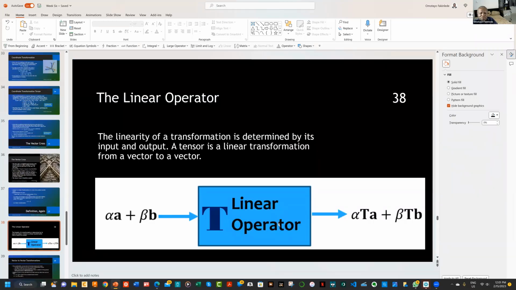We can also write it and say that if alpha A plus beta B goes through a linear operation, the answer is alpha TA plus beta TB. So transforming the whole thing is the same as transforming it one by one and taking the weighted sum after that.